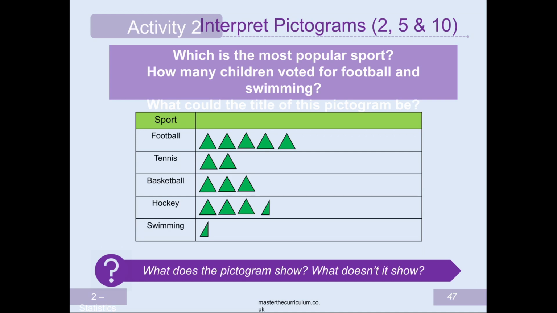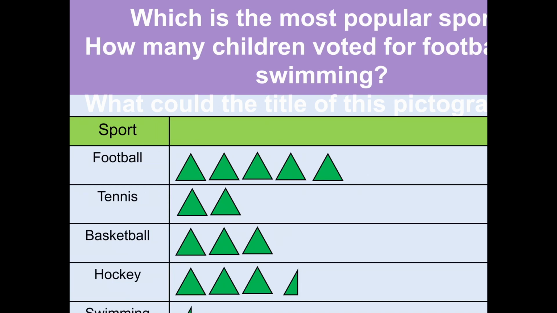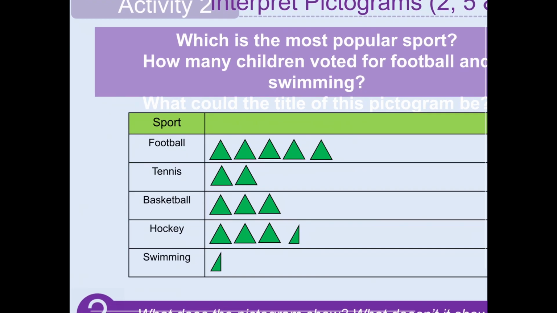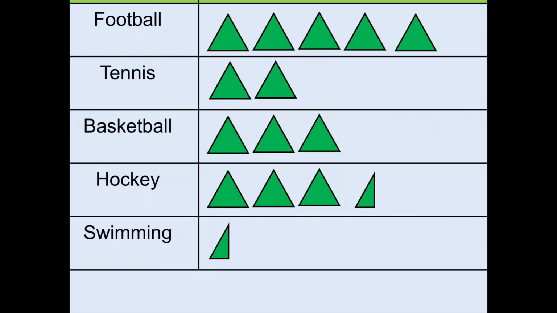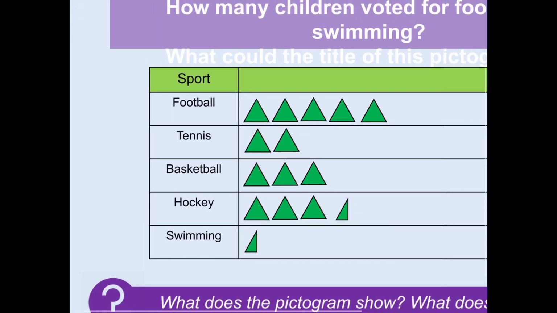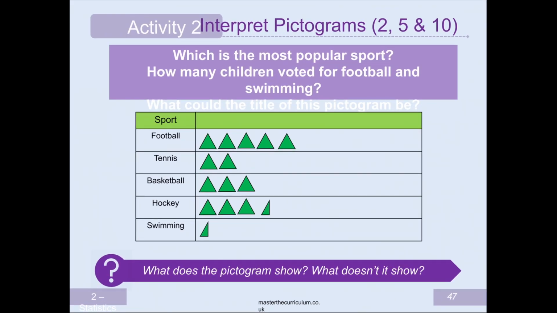Are you ready? Ready, go. 2, 4, 6, 8, 10. 10 for football. If we think that a triangle means 2, then what does the swimming represent? It must mean 1. Without a key, we have to work it out for ourselves.